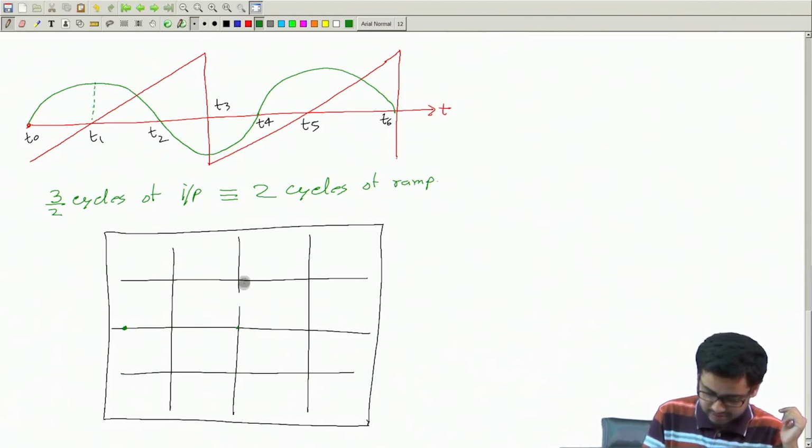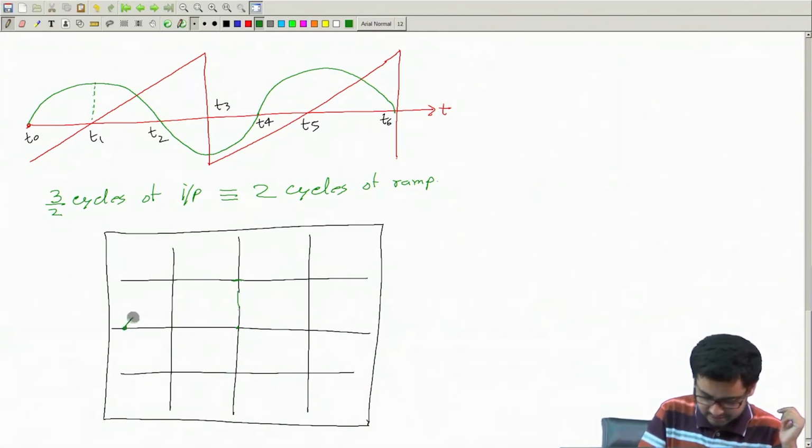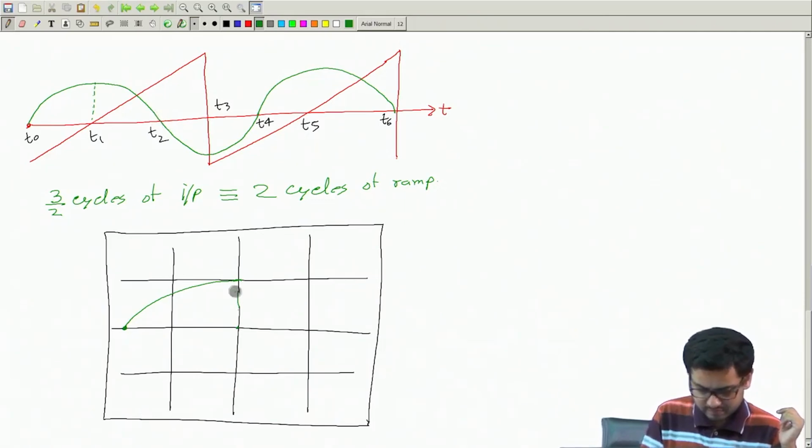Maybe that is this much. So we have gone like this. Okay, and then at T2 we will come back to 0.